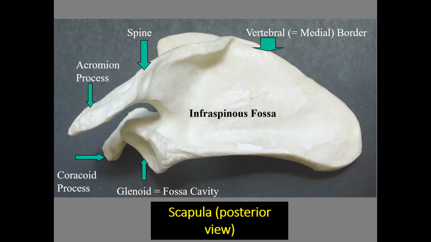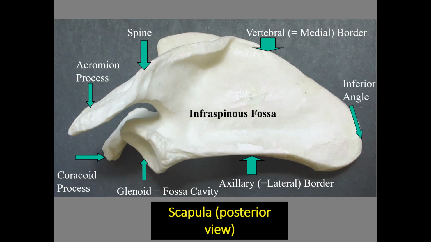We call it the medial border or the vertebral border, and that means this other border out here is going to be the axillary border, the area closest to our axilla, our armpit region, if you will. Axillary refers to the area of the axilla, which is, for want of a better term, our armpit region. It's on the lateral side of this bone.